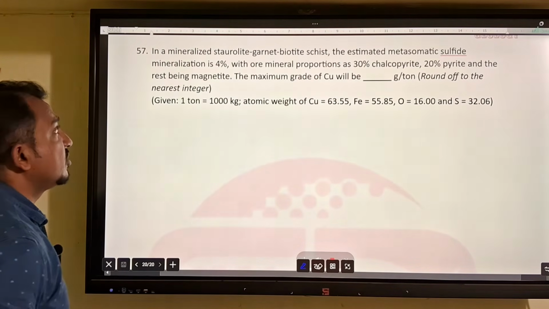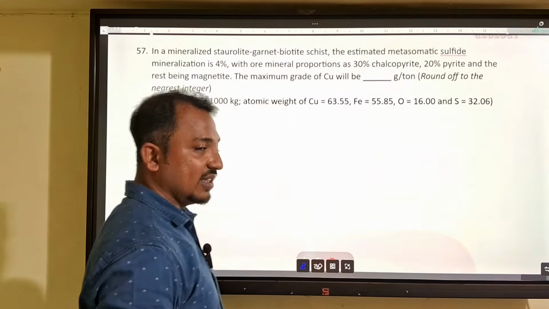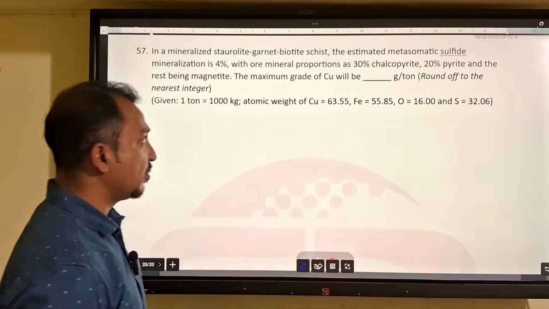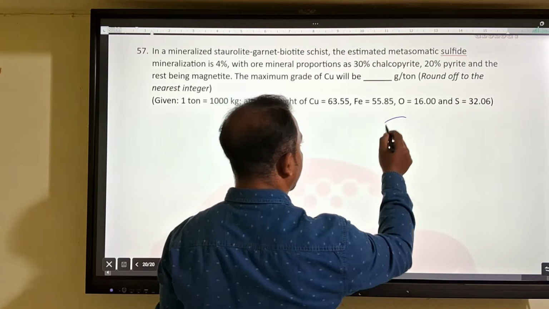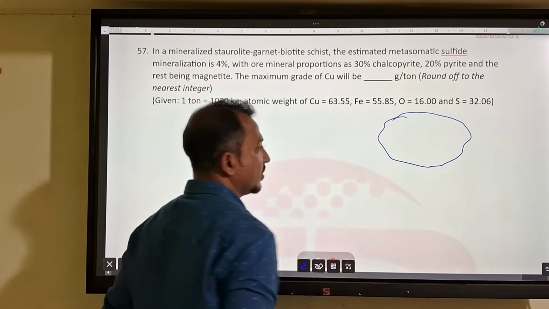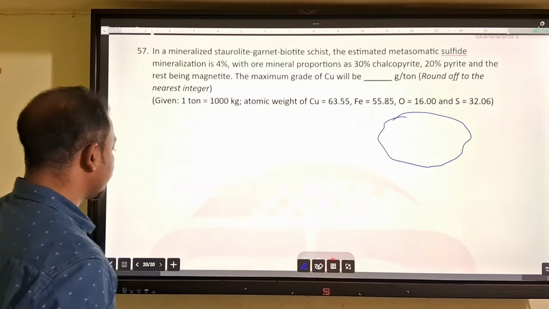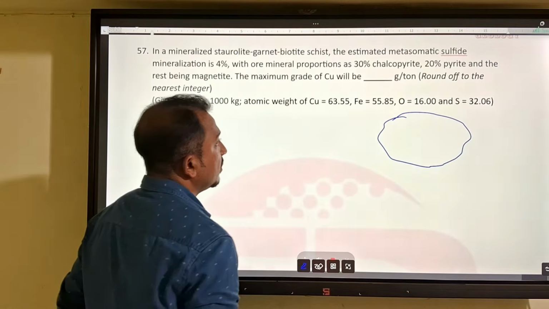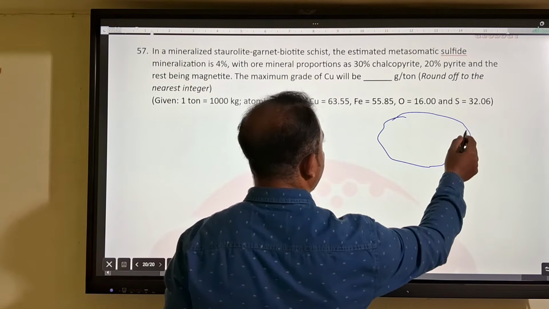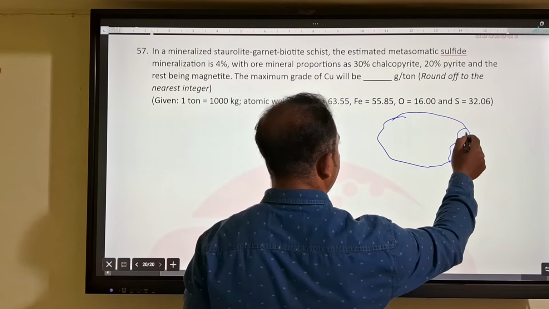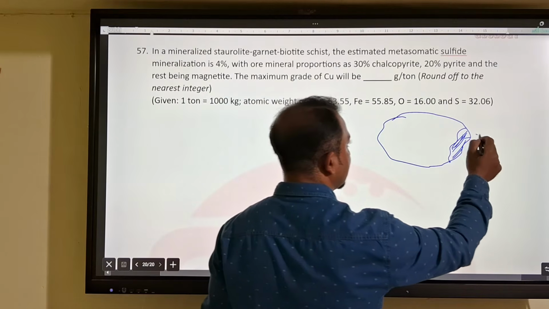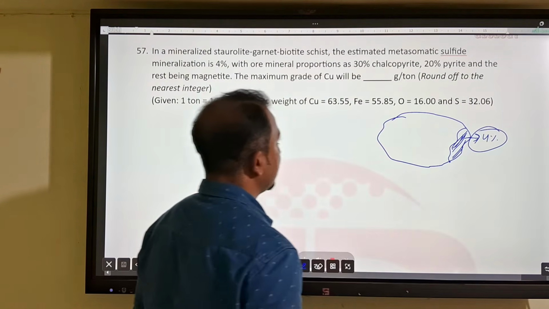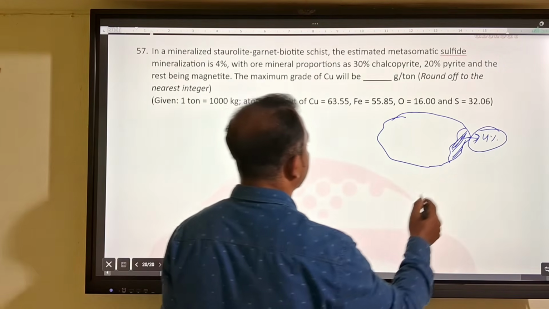So in a mineralized staurolite garnet biotite schist, the estimated metasomatic sulfide mineralization is 4%. Suppose we have an ore here. See, this is an ore. From which you can say, suppose this is your 4%. This 4% is your sulfide ore.